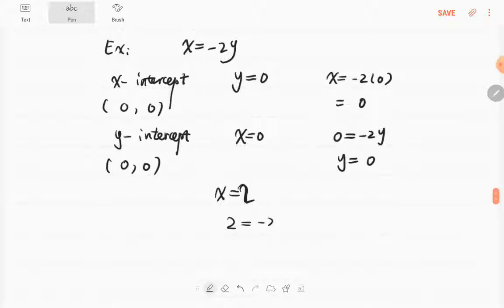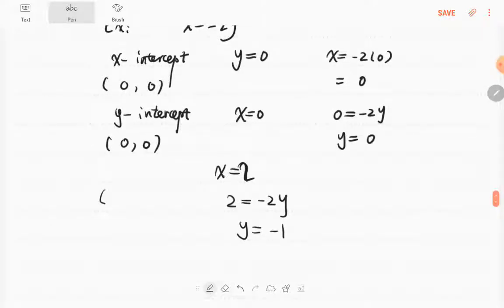The equation will be 2 equals -2y. Then we solve for y and we get y equal to -1. So we got the second point. This (0, 0) is our first point, and we got another point, x equals 2, y equals -1.